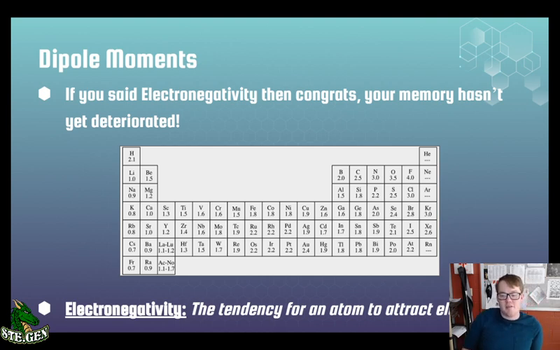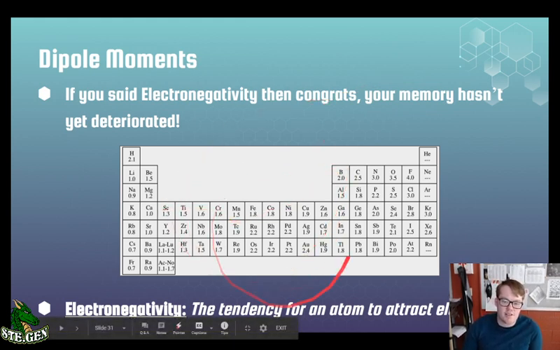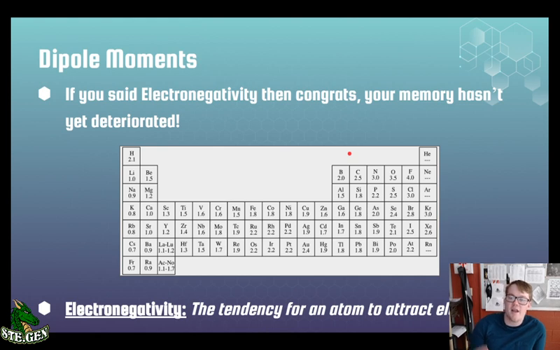Electronegativity was the tendency for an atom to attract electrons. We did a whole worksheet where you took these electronegativities and subtracted the smaller one from the bigger one, and that helped you determine the type of bond. For example, fluorine minus lithium, 4 minus 1, was an electronegativity difference of 3.0. That difference of 3.0 was enough to tell you it is an ionic bond.